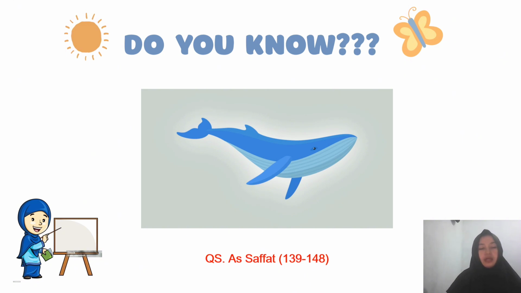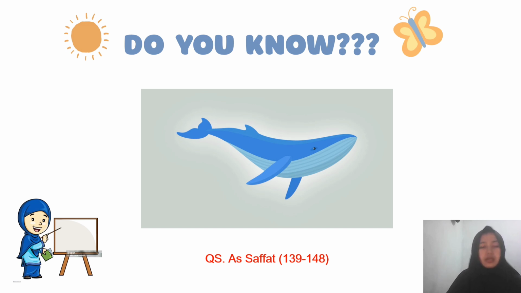Okay, so maybe I want to tell you about that story. Just a short story. One day, Nabi Yunus was feeling sad because his people refused to listen to Nabi Yunus to believe in Allah.